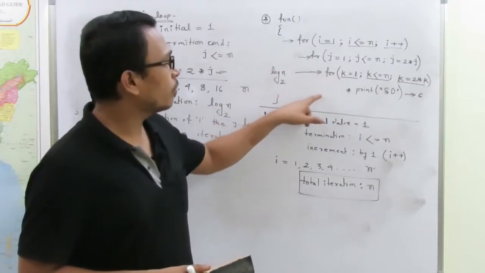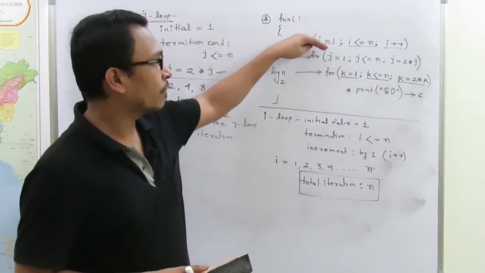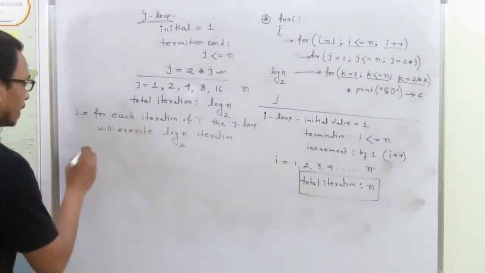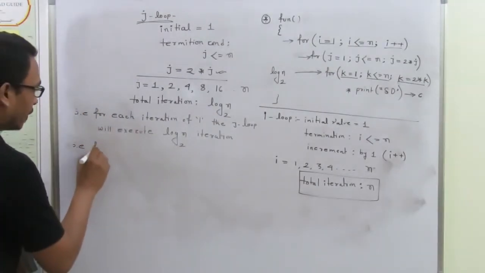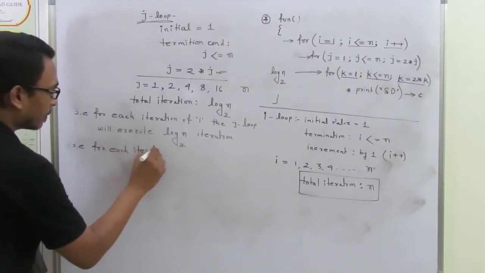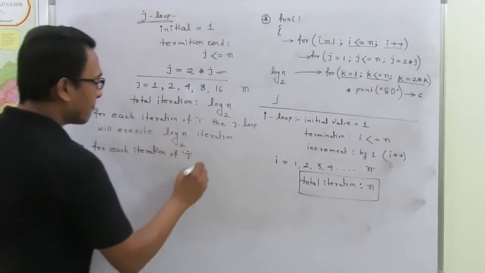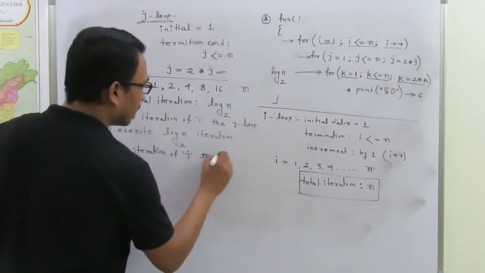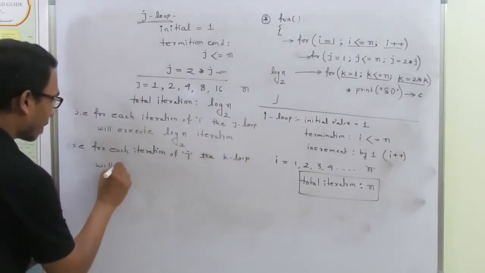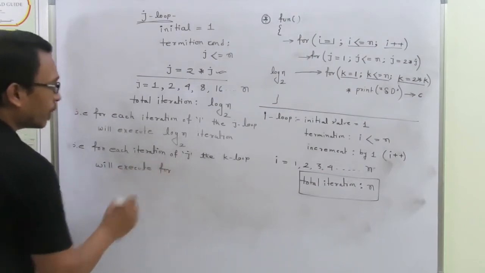But this loop will execute for each value of j, so we have this many iterations for the k loop. That means for each iteration of j, the k loop will execute for how many iterations?